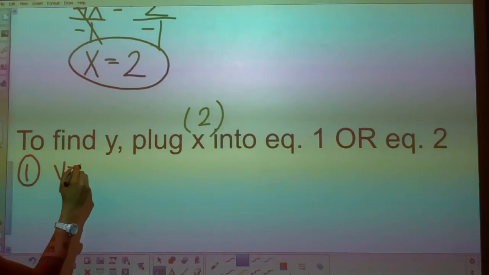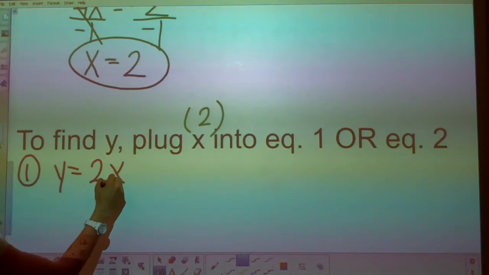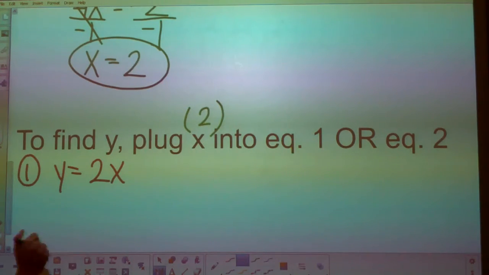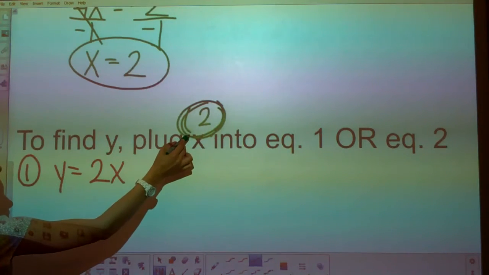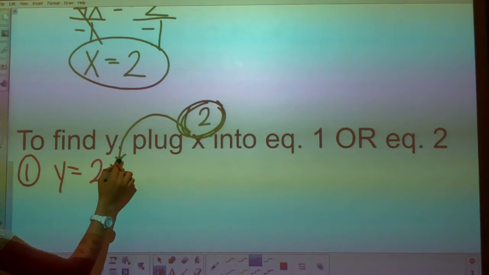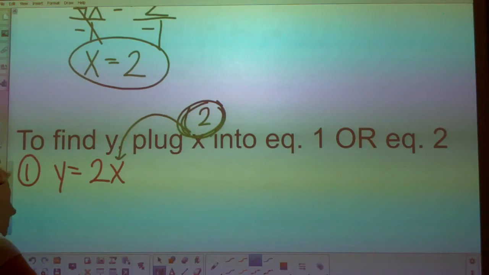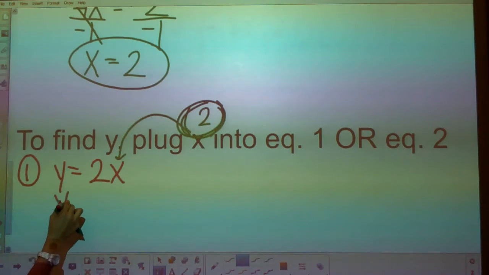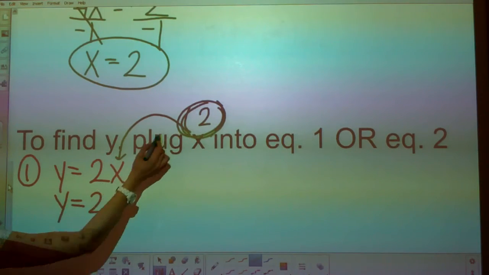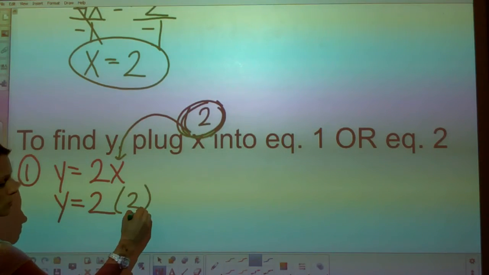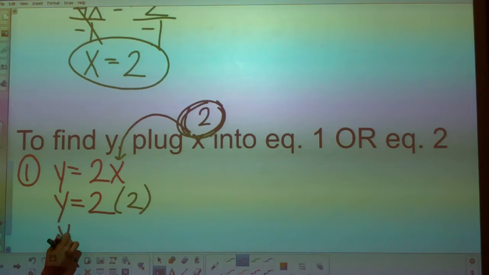Y equals 2x. Now we know x is actually 2. So we are going to substitute this 2 in for x. And then evaluate. So y equals 2, and then instead of writing x, I know it. It's 2. Y equals 2 times 2 is 4.